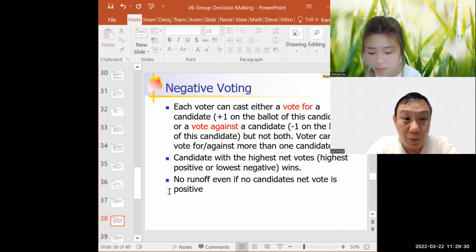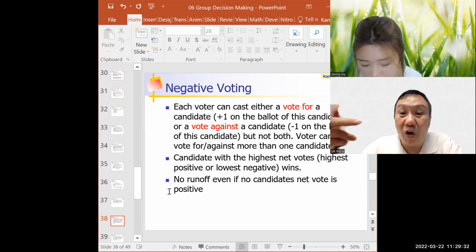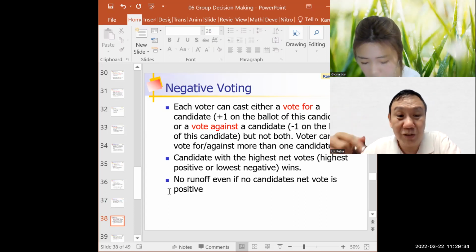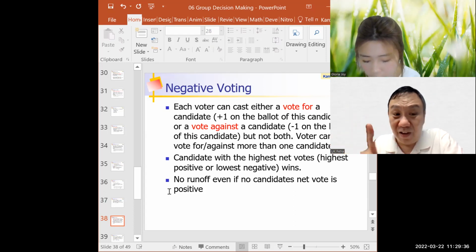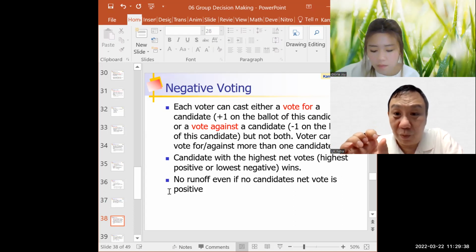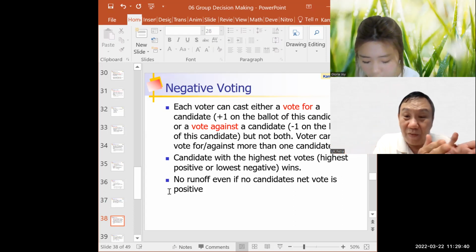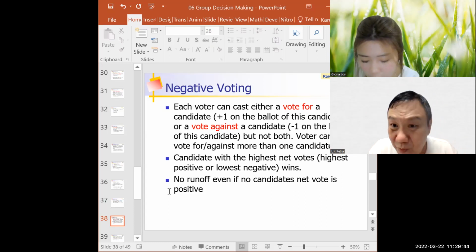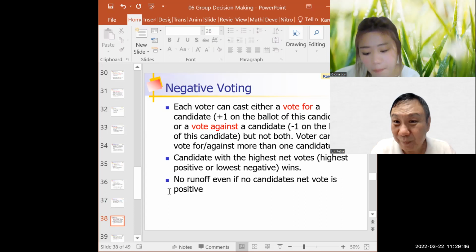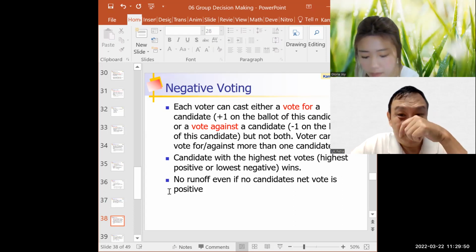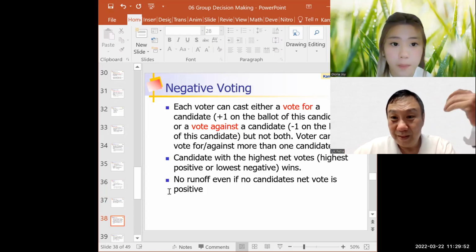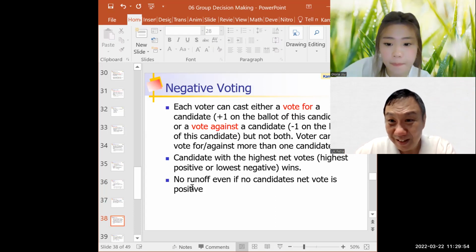The good point here is you don't need to have a runoff, a second election. Even if no candidate has a positive net vote, even if it is a negative value, they will still win. Is this nice? Clear?